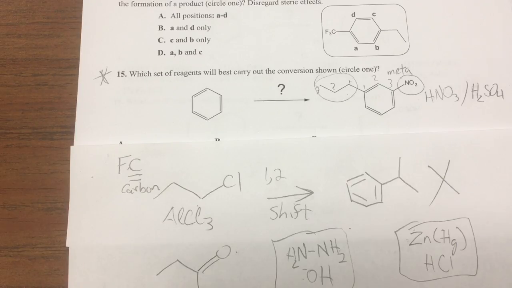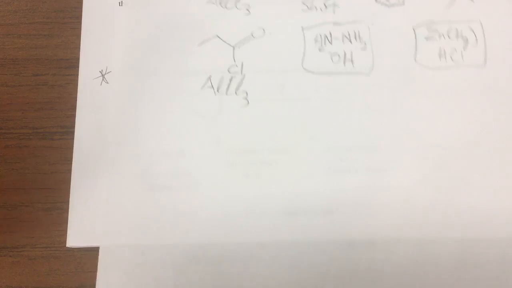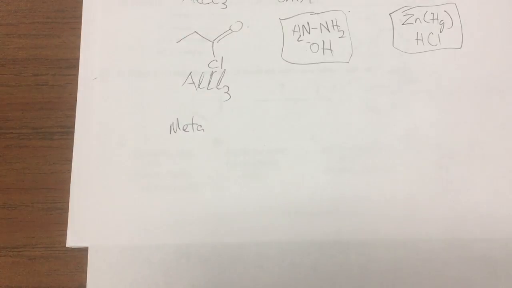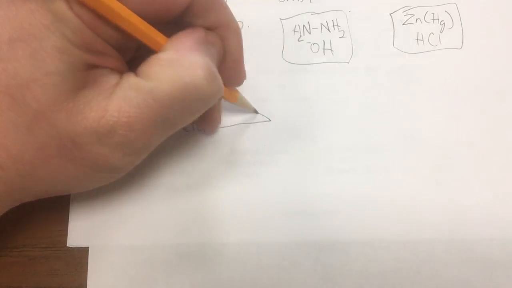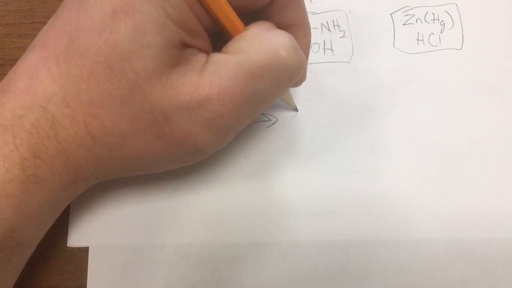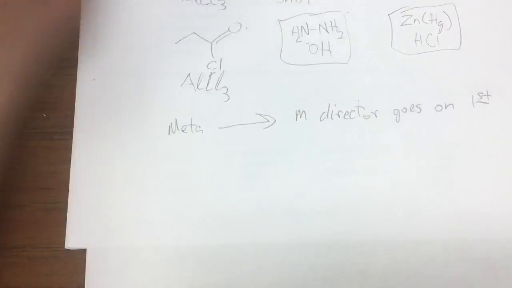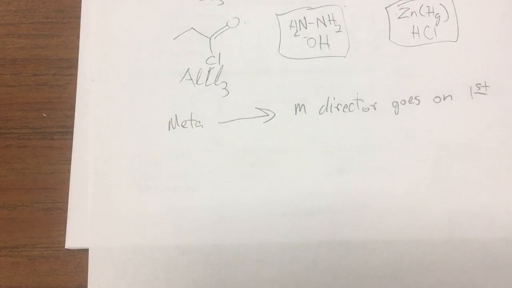Okay, and that should mean that we put a meta director on first. You hear that conclusion? Meta relative to each other. Line of reasoning. Meta director goes on first. That's the line of reasoning.